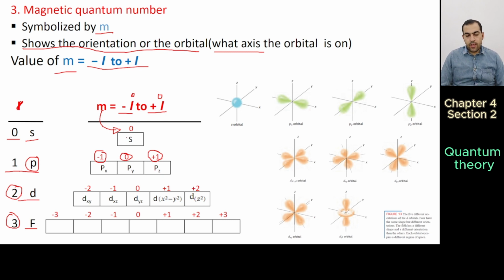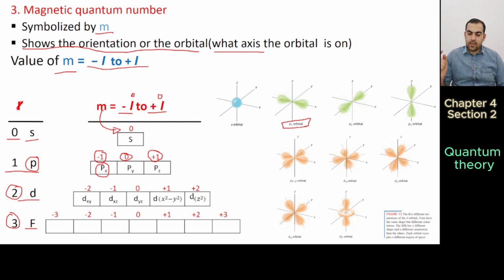For the S orbital, we don't have a specific axis, since the electrons spin around the nucleus. For P orbitals, the one that spins on the x-axis we call Px.